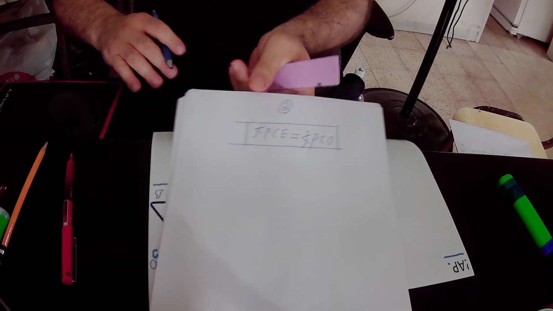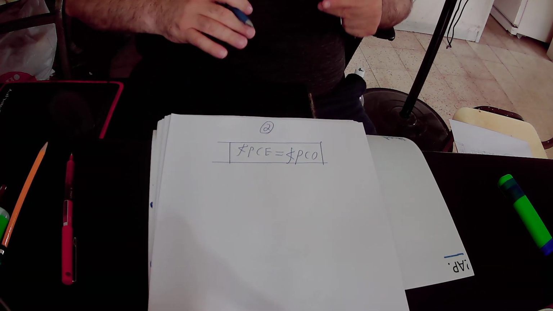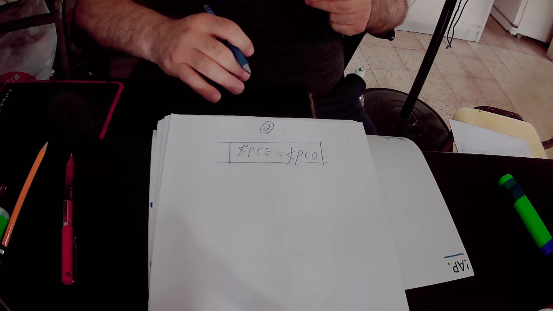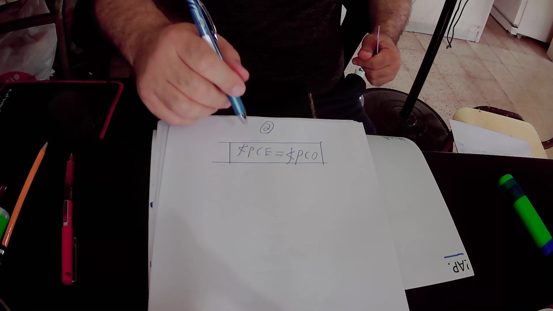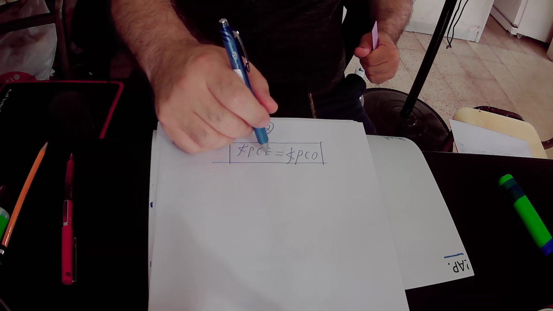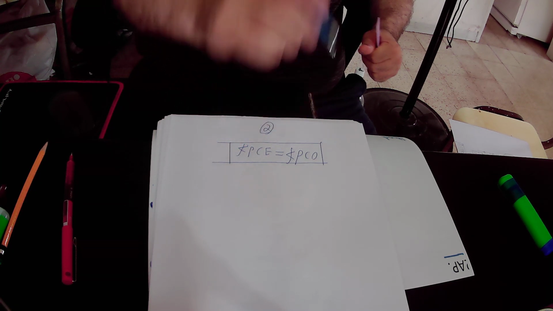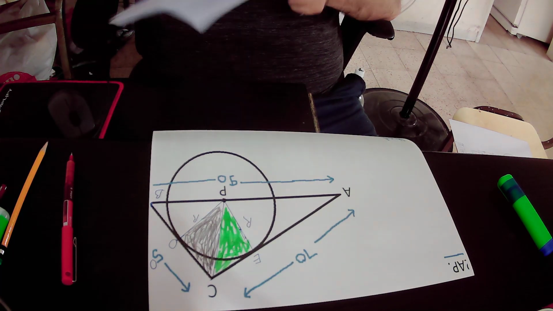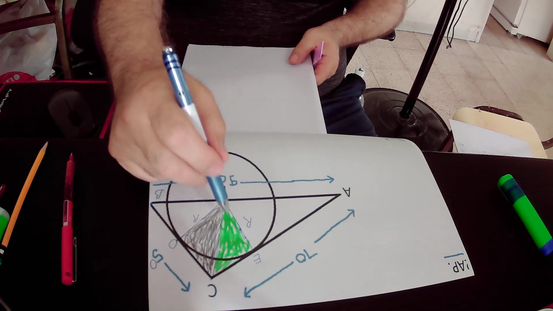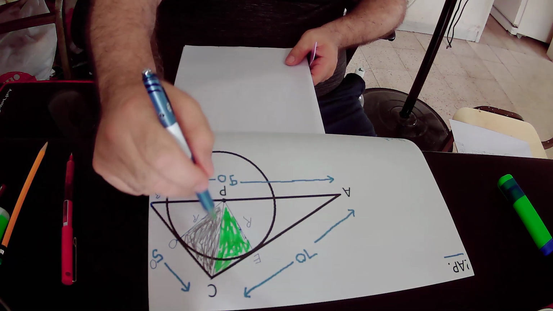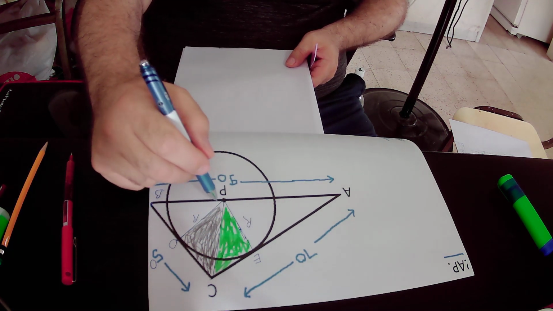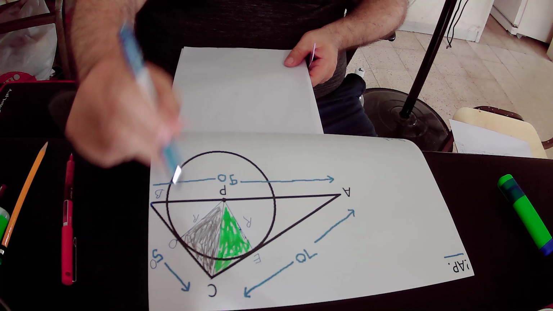Because of the fact that the green triangle is congruent to the black triangle, angle PCE in the green triangle equals angle PCO in the black triangle.